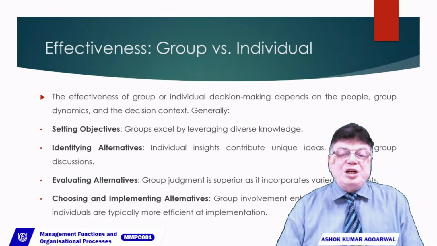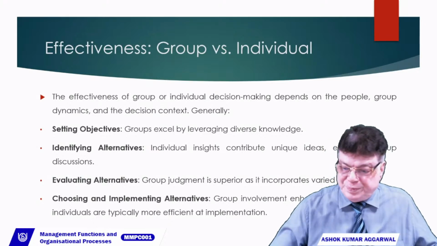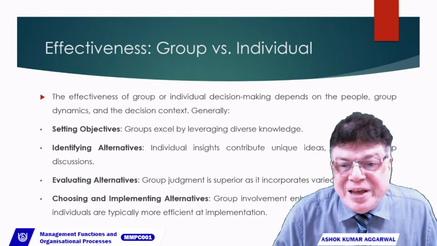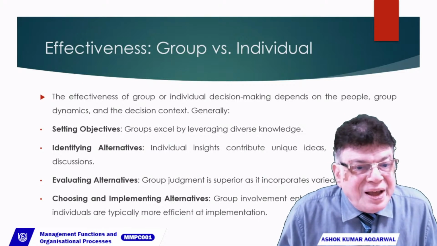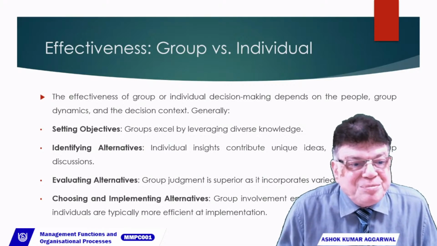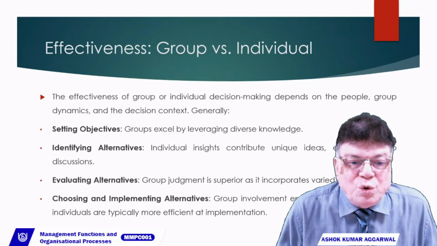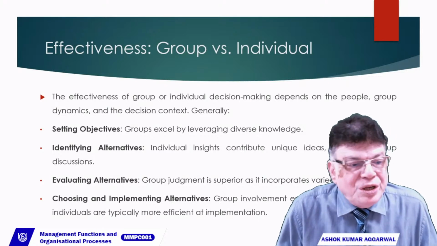Effectiveness, group versus individual. The effectiveness of group or individual decision making depends on the people, group dynamics, and the decision context. Generally, in setting objectives, groups excel by leveraging diverse knowledge.